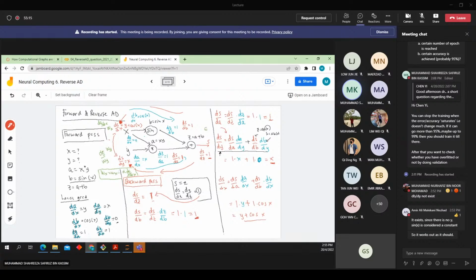So how should I say this? The takeaway from reverse automatic differentiation is that it's simple, but it's quite clever. This is what I said to last year's batch as well.